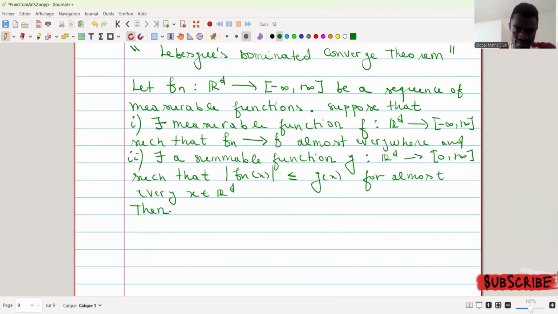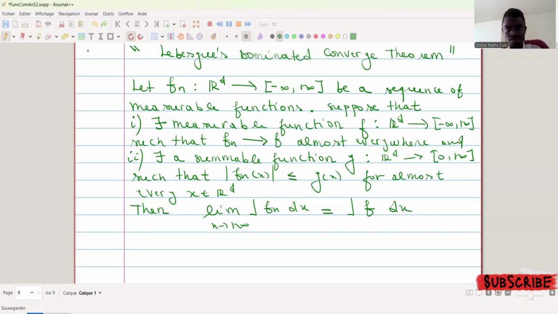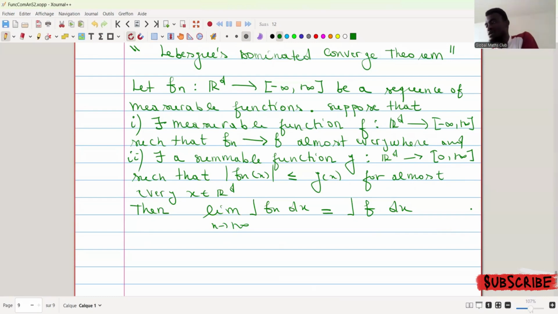Then the limit of the integral of Fn is equal to the integral of the limit. That is all. And the limit of Fn is f, that is why it is written like this. So that was all related to the Lebesgue dominated convergence theorem.